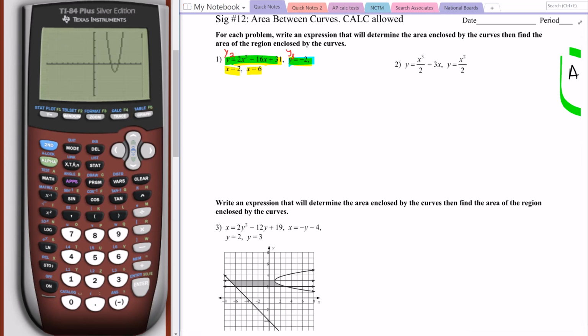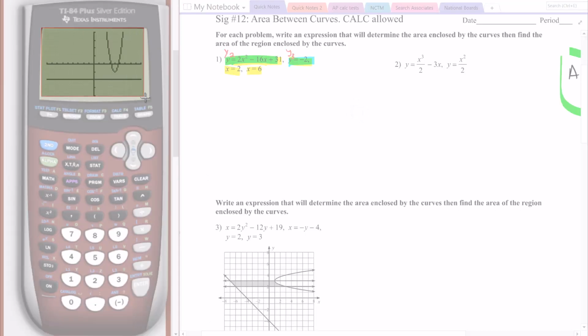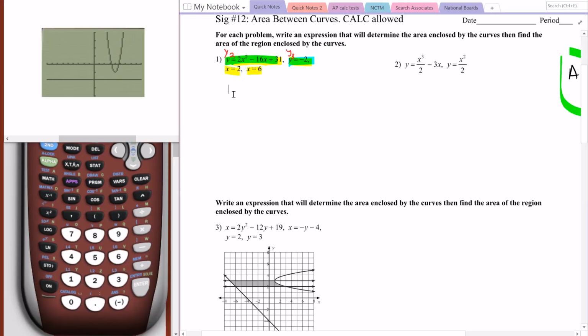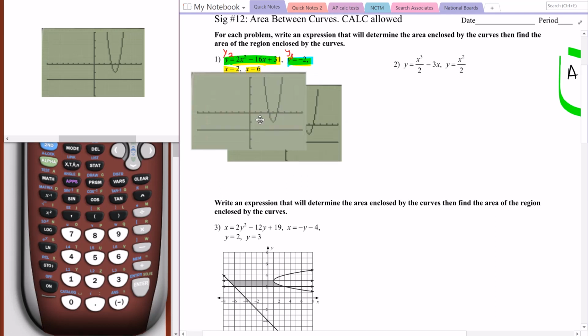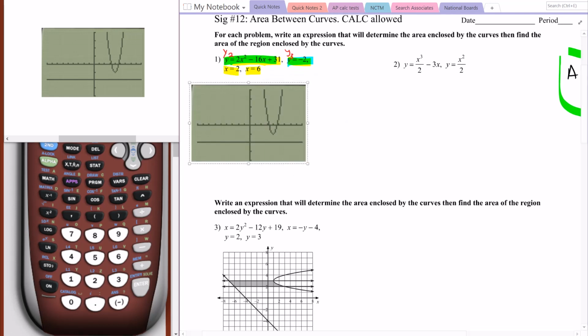The first one is the squared, and this is the other one. We're trying to find the area between x equals -2. There's no way to graph x equals on here, so you have to know what those are. x equals 2 is the line that goes through 2 like such, and x equals 6, the line goes through 6.